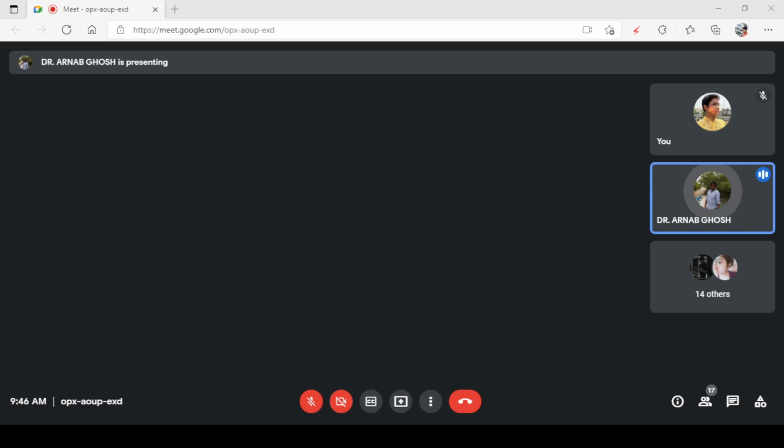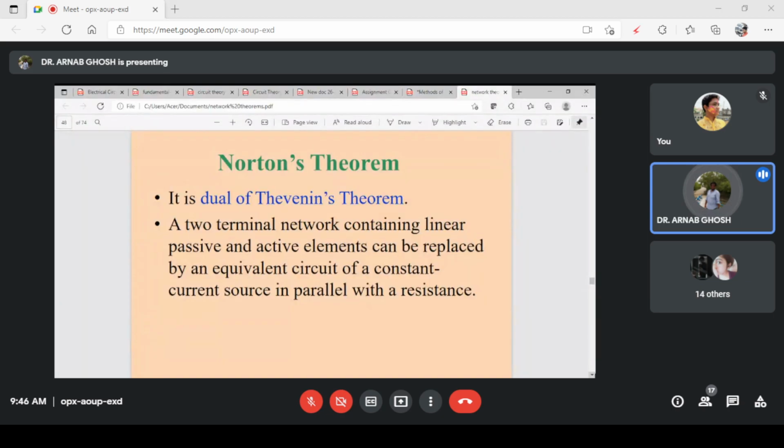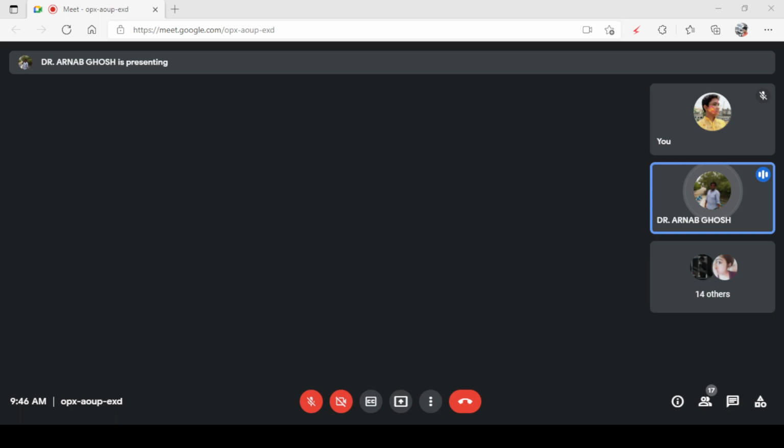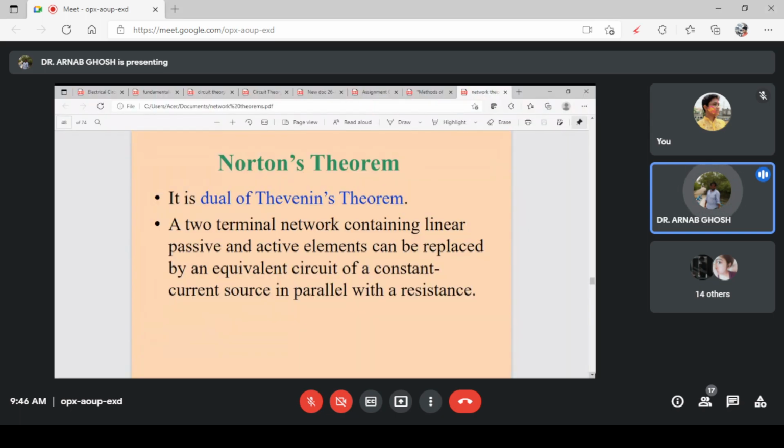After you remove the load resistance, for Thevenin's theorem, you had to calculate the open circuit voltage across the terminals of the load resistance.